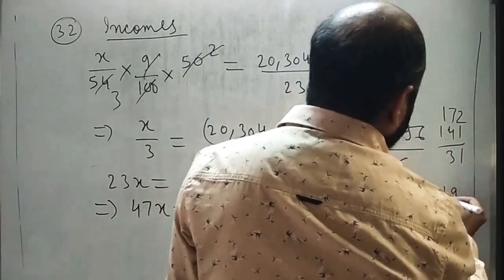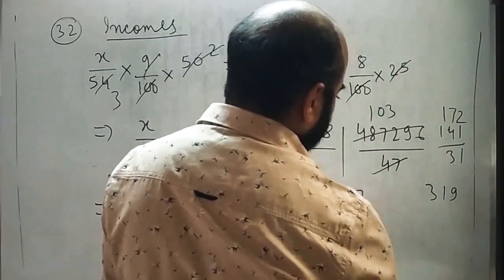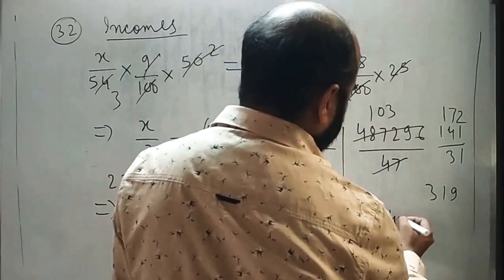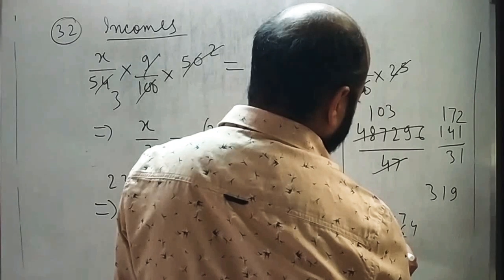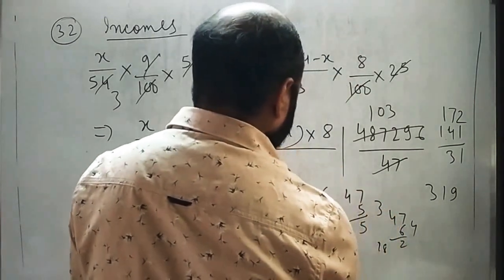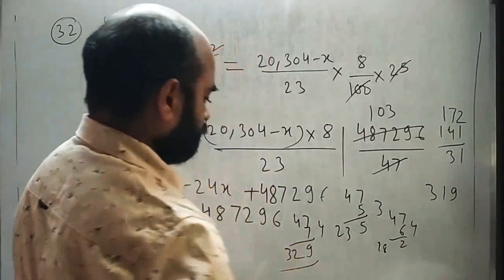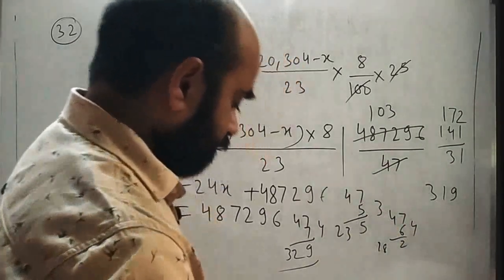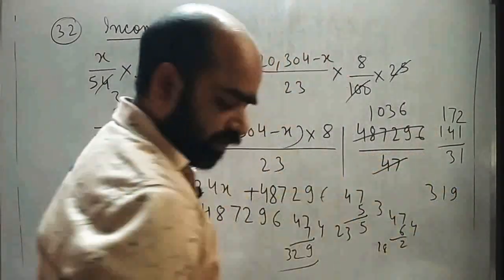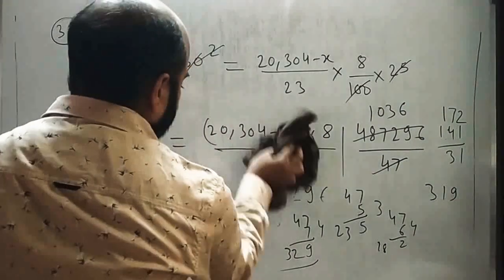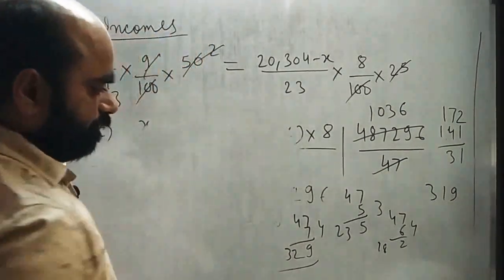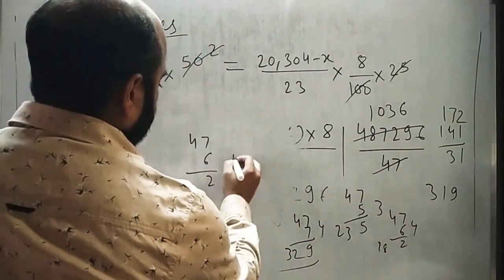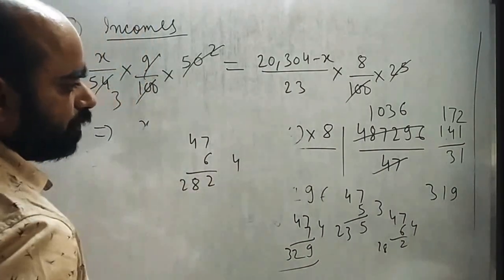So 319, so this will be by 6, correct? So by 6 it will come 282.